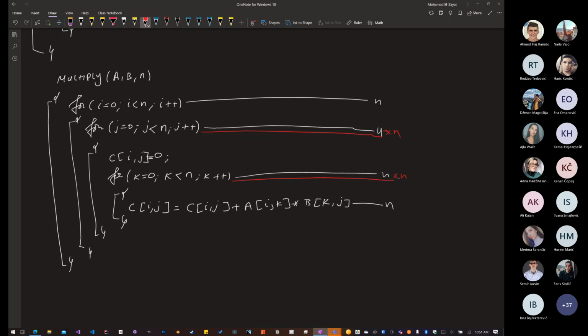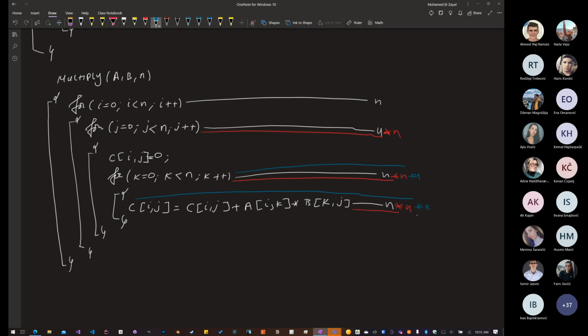Let me try to write this in a normal way as much as Teams allows me. This will run n times from the perspective of this for loop. Now let me pick another color, blue, and analyze this one. This one will run approximately into n, and this will run approximately into n as well.